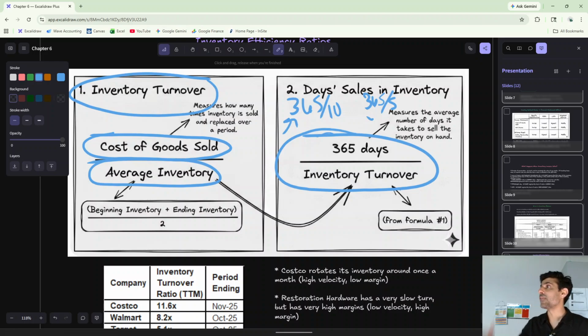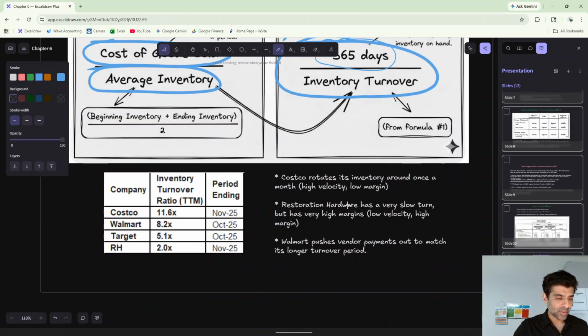I just think of how many times you cycle through your inventory over the year. Conceptually that makes more sense in my gut than the days in sales, but they're essentially getting to the same idea. You're just dividing a fixed constant by the inventory turnover, so it's the same number, just stated in a different way.